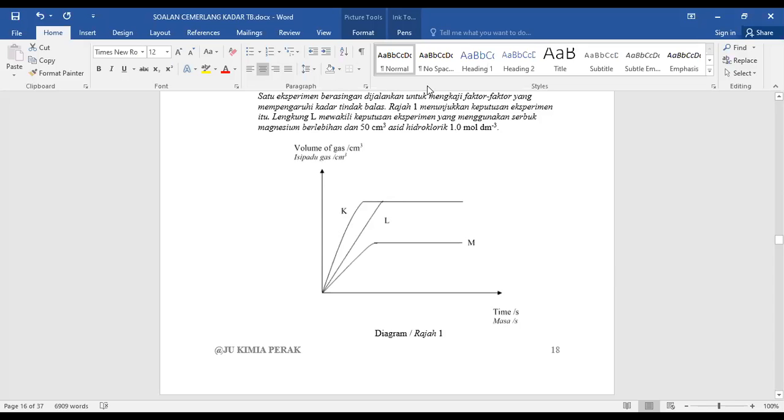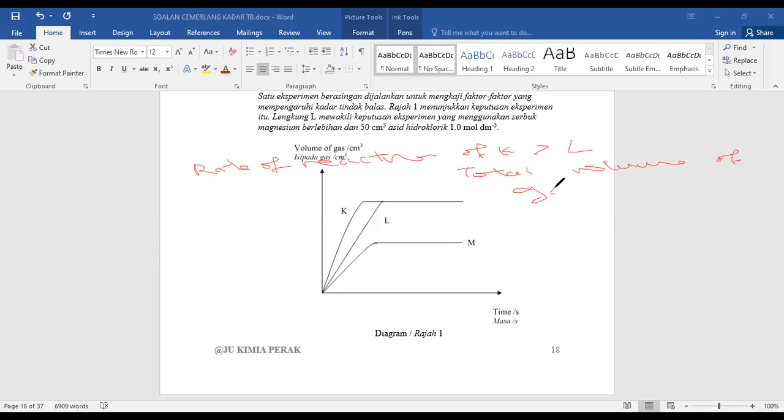Meaning to say the rate of reaction of K is higher than L. But the total volume of gas collected is the same.